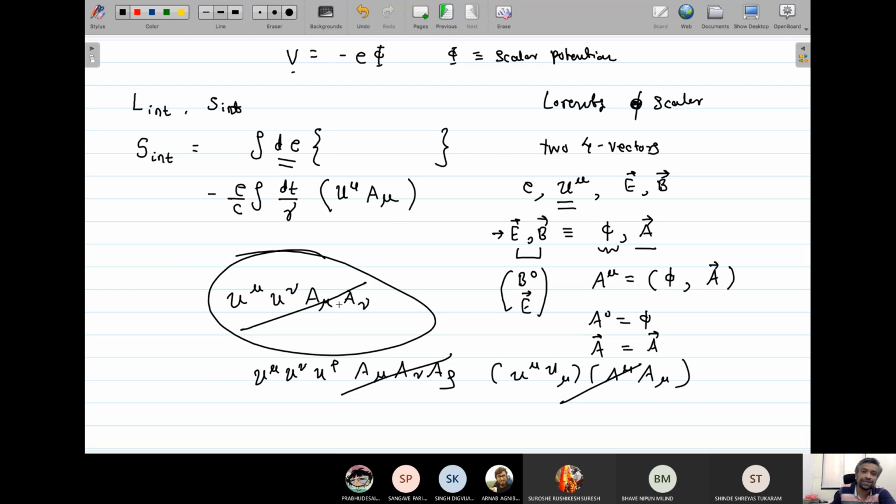Also, these are quadratic in A, so the force equation which we get will not be a linear equation. But we know that the equation of motion for a charged particle in an electromagnetic field is linear, namely it satisfies the principle of superposition. So I will exclude terms like this.